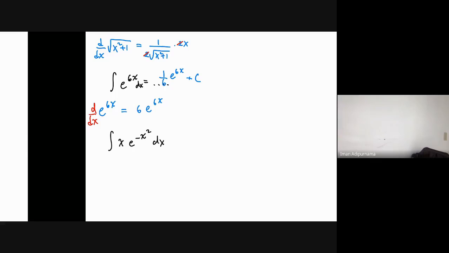You can guess. Because always remember, if you have e and e has an expression in its power, then when you differentiate, you multiply with the chain rule. So let's try e to this part and differentiate that part first.